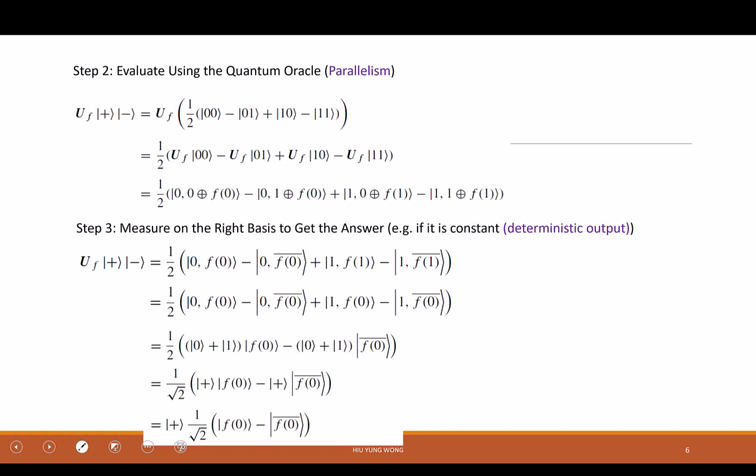I apply the quantum oracle, which is just a quantum gate after all, or just a quantum circuit. Because of this, we can do distribution, right? Based on this distribution rule, because this is Hilbert space. We learned about that. If you want to be fancy, because the Hilbert space obeys the distribution rule, right?